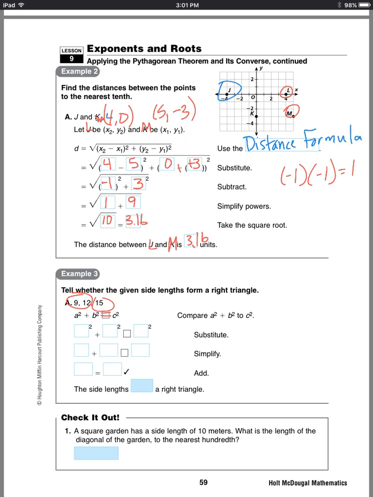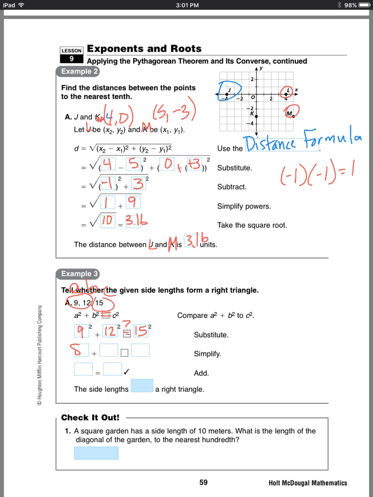That's the hope. So A, B, C, right in a row. If you write them in order from smallest to largest, you can just do A, B, C. Okay, so A we have 9 squared, B we have 12 squared, and C we have 15 squared. And we're seeing, are these equal to each other? That's why I put a little question mark above it.